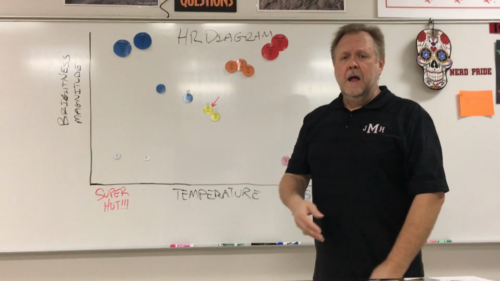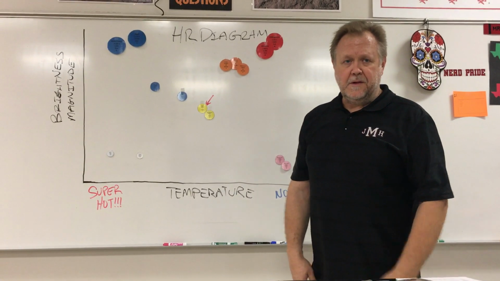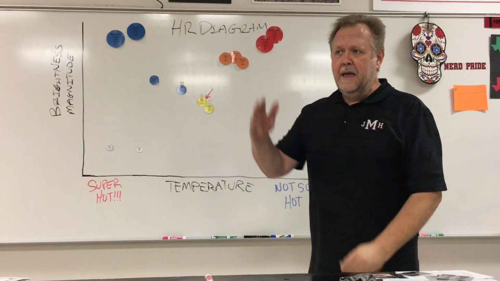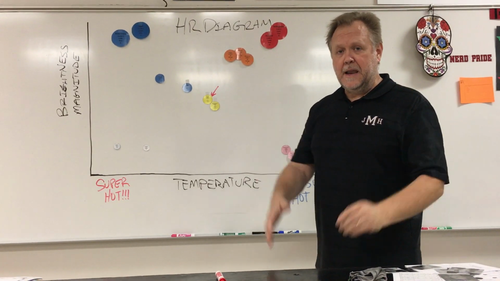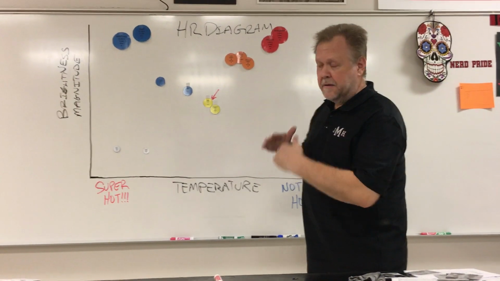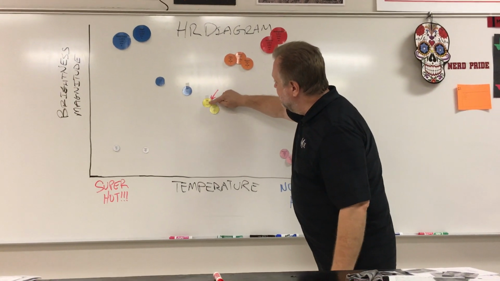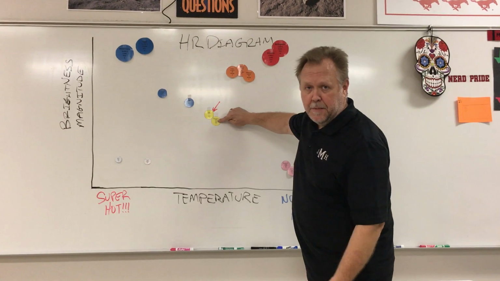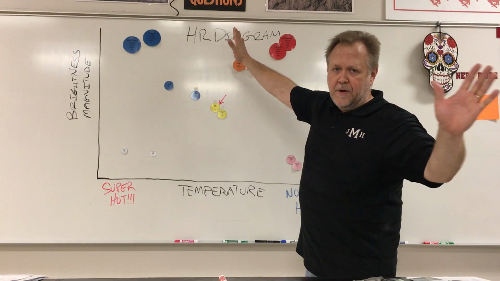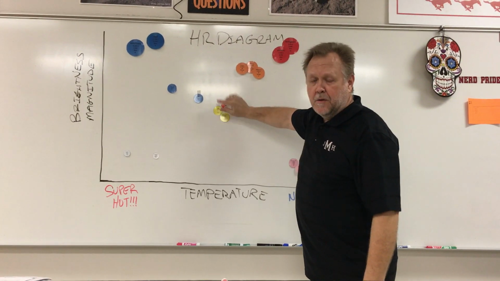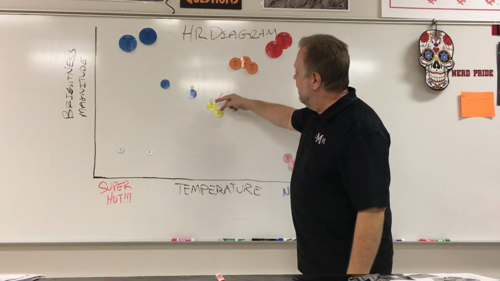But in the classroom, they probably aren't sitting right next to each other. One could be way over on the left side, and one could be way over on the right side, so they're not next to each other in real life, but on the teacher's roster, they're next to each other. So right here, please don't think that this star, Alpha Centauri B, is right next to our star, the sun. They could be in very different directions, but they are very similar, so on this HR diagram, they're next to each other.